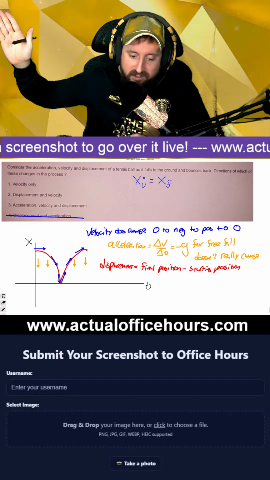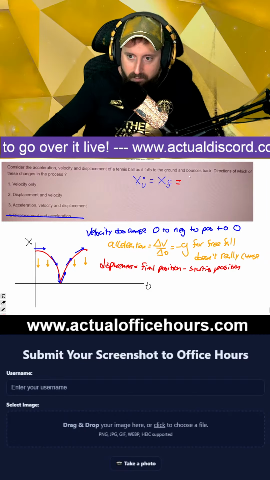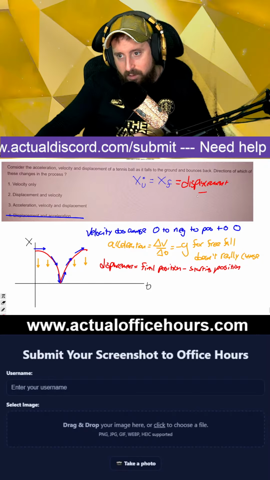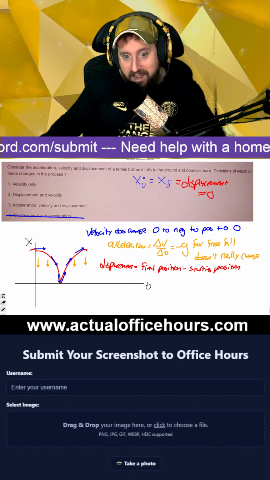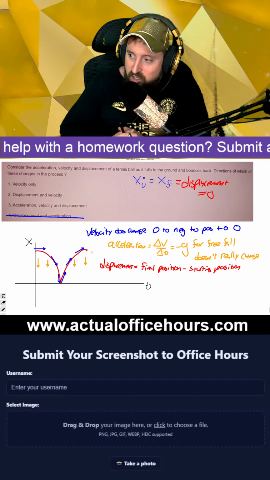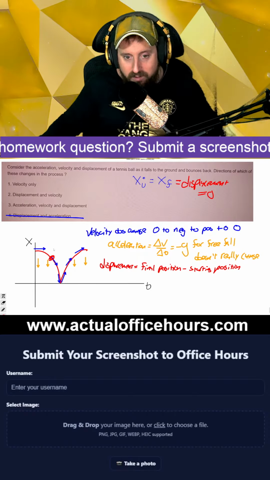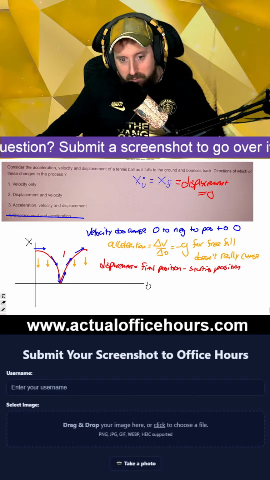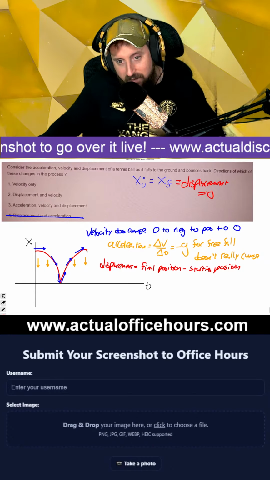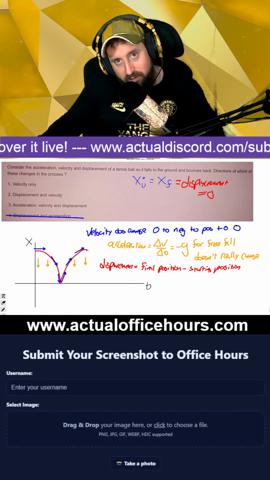Because in that case, displacement would be equal to 0. But if we're talking about the process, what's happening as I'm falling down and coming back up, that technically is changing, right? My displacement here is negative. My displacement here is really negative. And then it goes back to my displacement being not so negative, and then my displacement is 0.